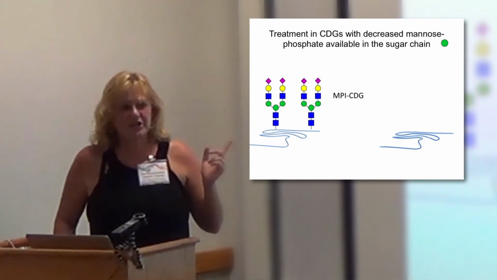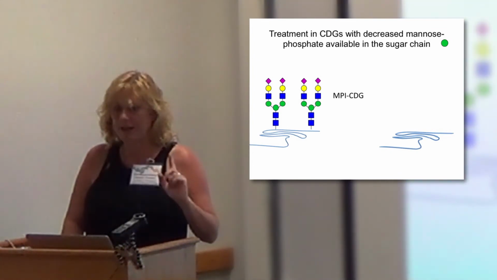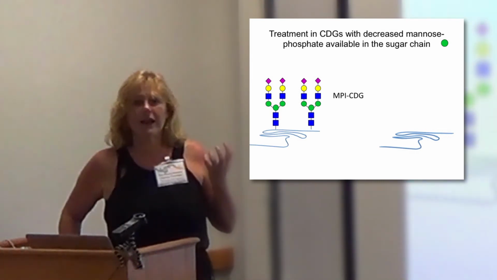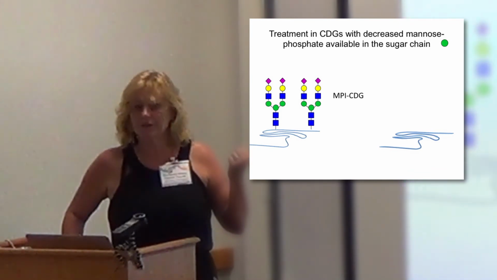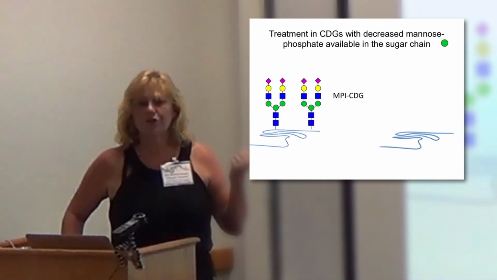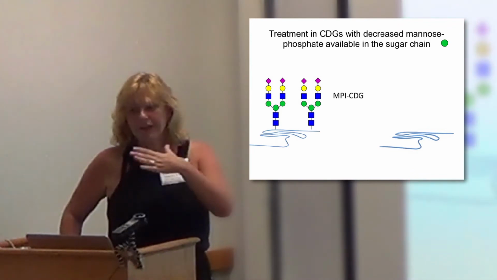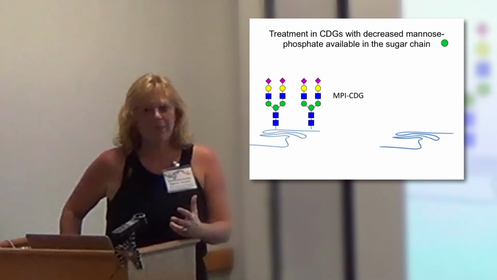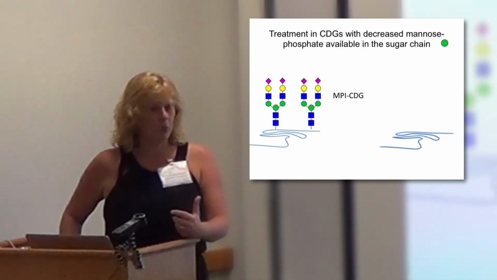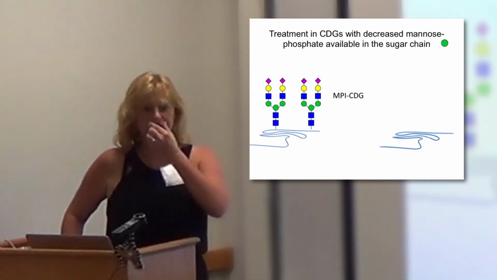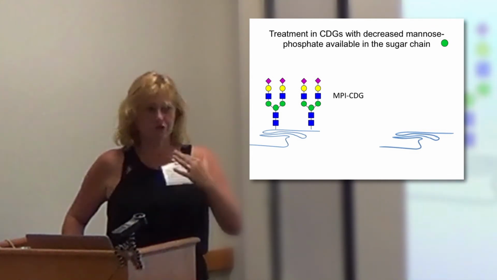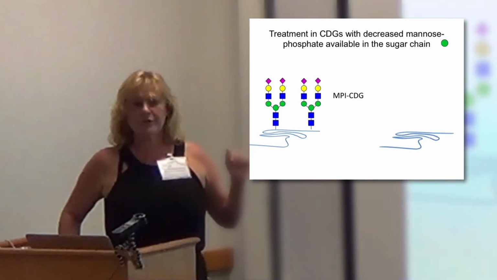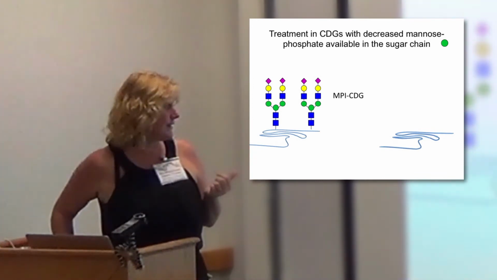In this type of CDG, so this is not CDG1A, but 1B, we are able to use mannose, the cranberry sugar, to treat the disease. And you will hear a little bit more from Taylor about that, because that's something we also considered in 1A, and she will give a little bit more research information on that. But in this disease, 1B, mannose can almost cure the disease.